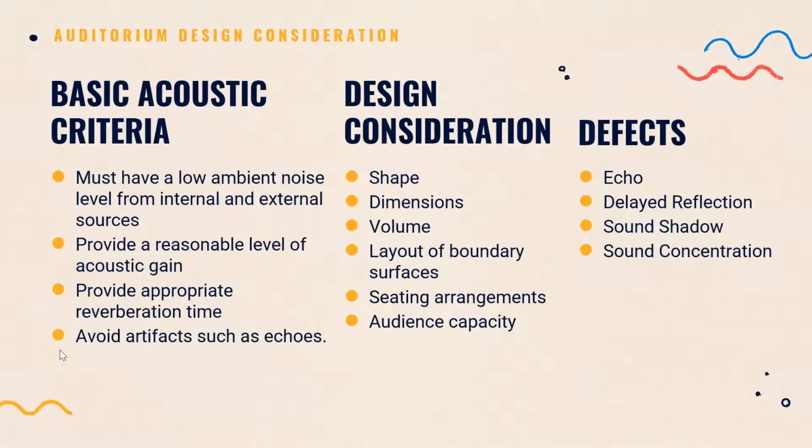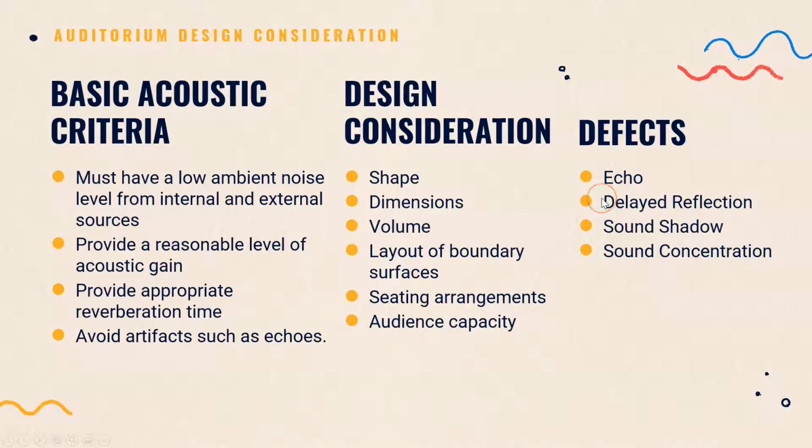So these are some basic things to consider when designing an auditorium. We want to reduce or avoid noise and provide a reasonable level of acoustic gain. For design consideration, in this lecture, we will learn about most of this.